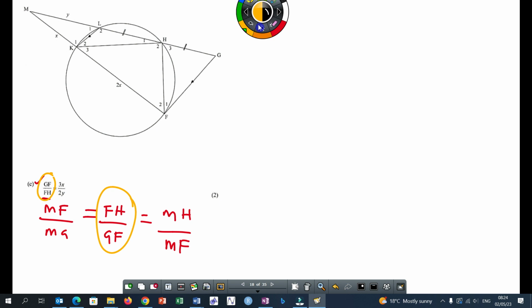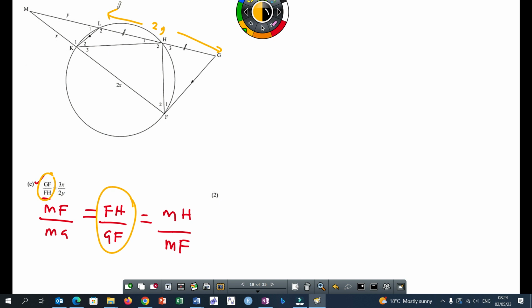Based on the diagram, if ML is equal to Y, because we have got KL parallel to GF, it means that one I can call 2Y, from the proportion theorem. So I've got MF, which is going to be 3x, and I've got MG. My MG is going to be all the way up to there.